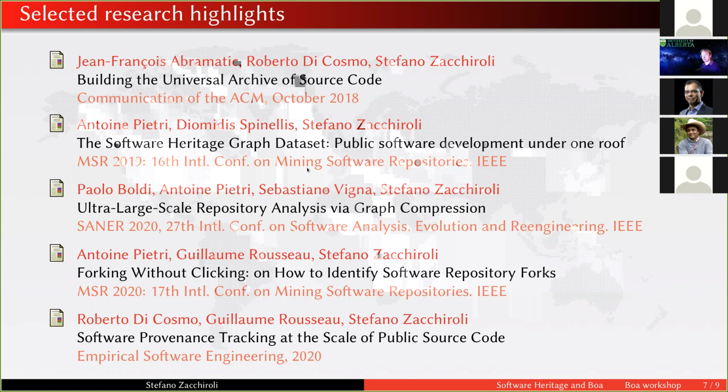So basically in this MSR 2019 paper, we have released the structure of the graph itself, not of the files, just of the graph for now, as a dataset, which can be imported into either large databases or some clusters for doing essentially analysis of individual types of objects, individual commits, individual directory structures, individual releases, and so on and so forth. But you need to have yourself the infrastructure where to import the dataset in order to analyze it.